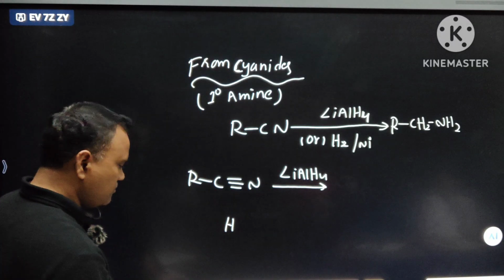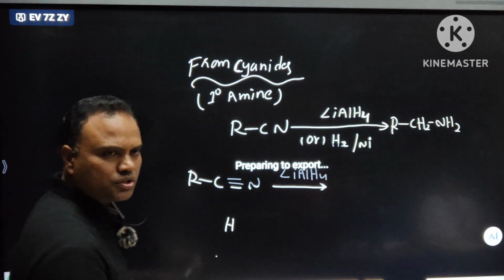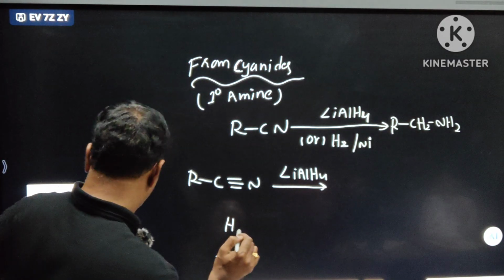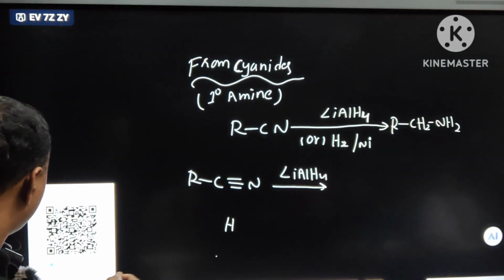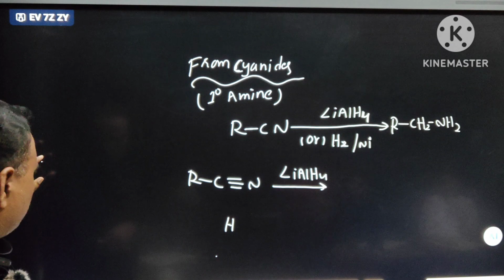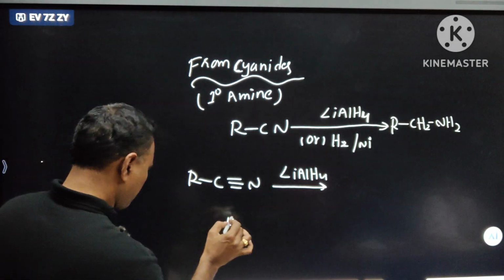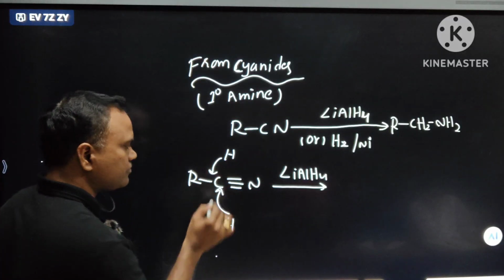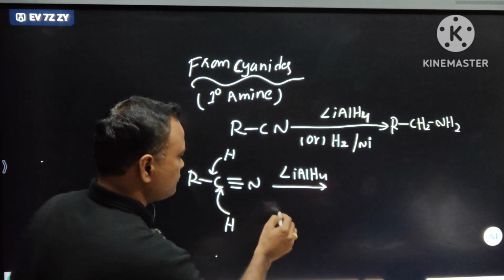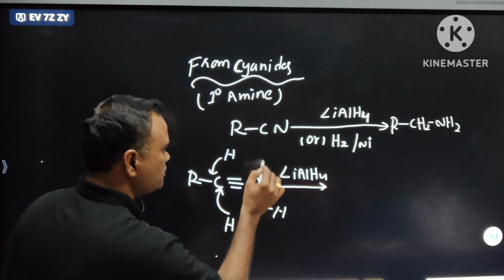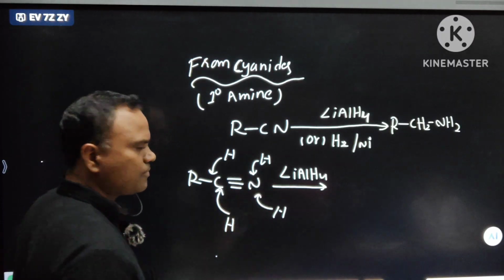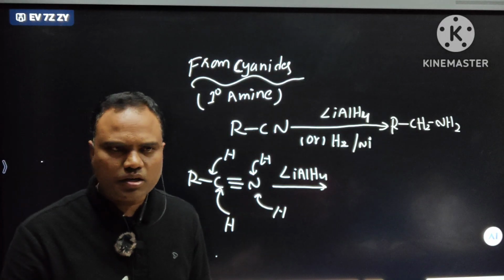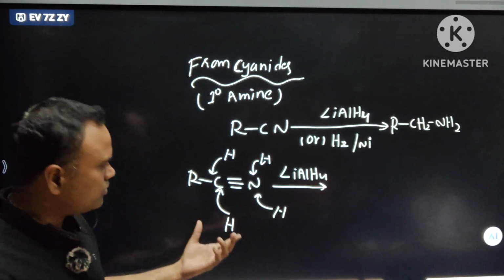Lithium aluminum hydride is a reducing agent, supplying H. This is not the original mechanism, but questions based on the mechanism never come, so follow the shortcut.